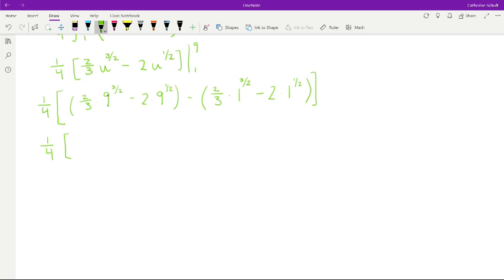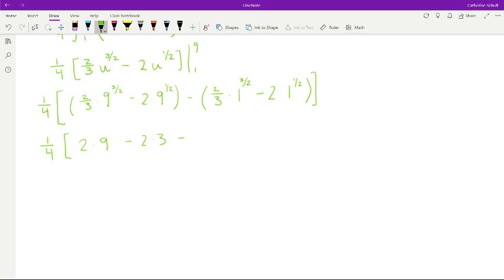Okay, so 9 to the 3/2. First I would take the square root. That's what the denominator 2 tells me. So that will be 3. And then 3 cubed is 27. But then I have an extra copy of 3. So 27 divided by 3 is 9. So we're going to be looking at 2 times 9. That's how that simplifies. And then 9 to the 1/2 is 3.